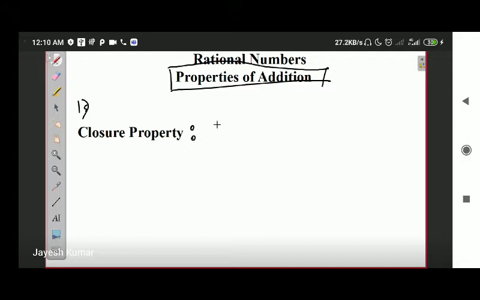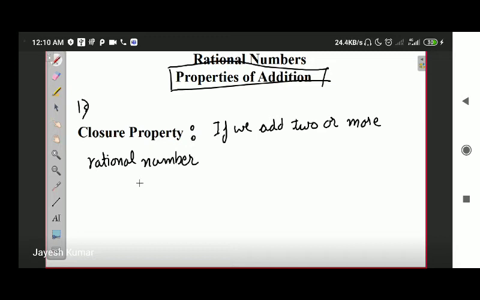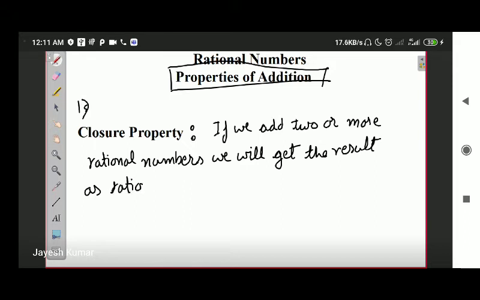Closure property is nothing but we say if we add two or more rational numbers, we will get the result as a rational number as well.